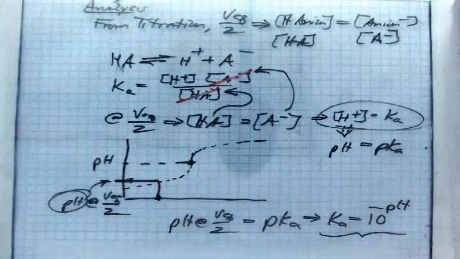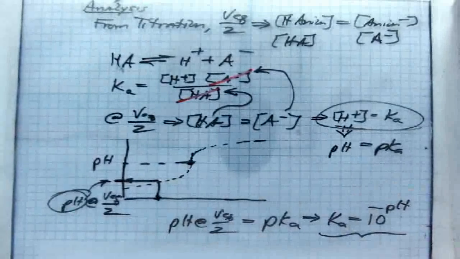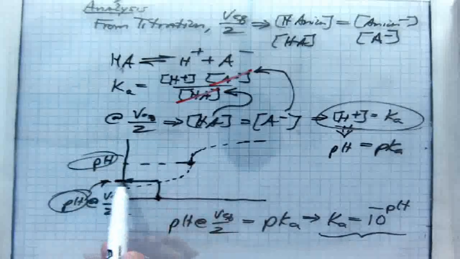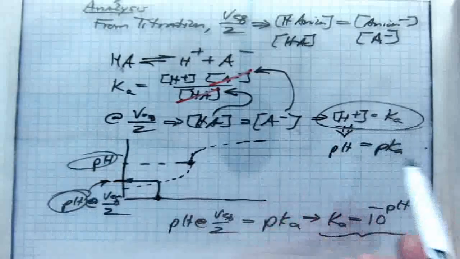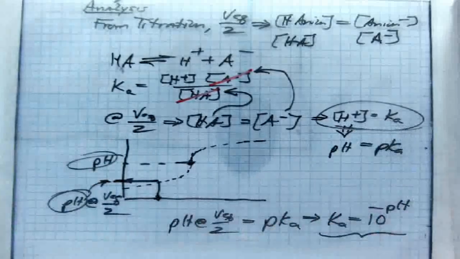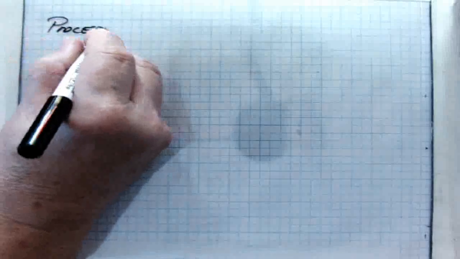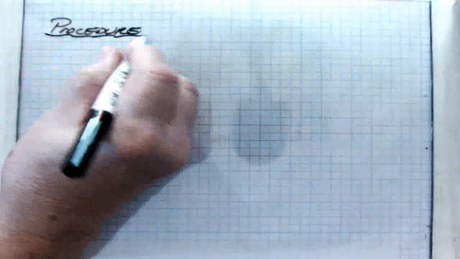Okay, right there. Okay, you're going to have a 0.10 molar propionic acid, and you're going to have a sodium hydroxide concentration of 0.05 molar. You titrate NaOH in burette into 20 milliliters of 0.10 molar HPro.